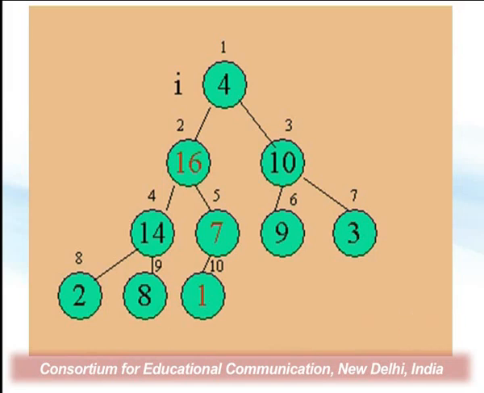Now, again it will take the position of 14, and 14 will take the position at index 2. Then again we will be having 1, 2 and 8 at the positions 4, 8 and 9 respectively.